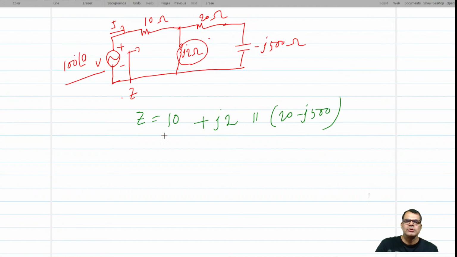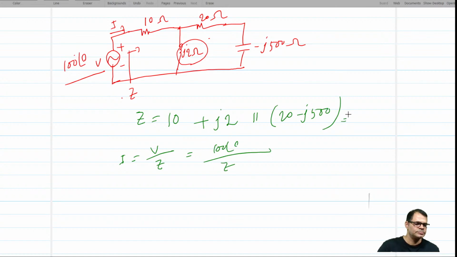After finding Z, you can find I is equal to V upon Z, and V is your 100∠0 volt, and Z is whatever you calculate here.